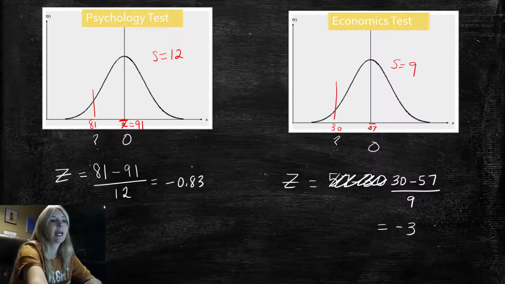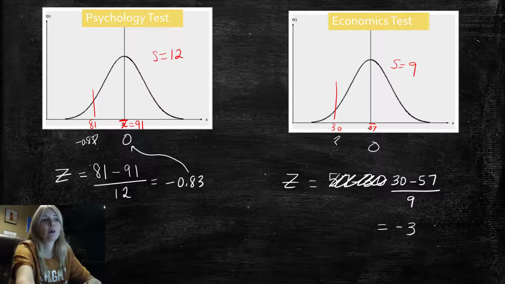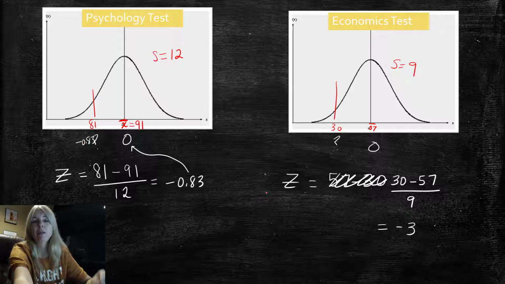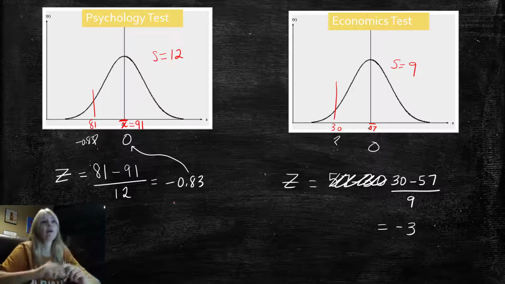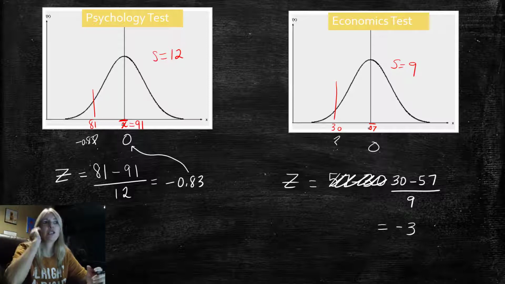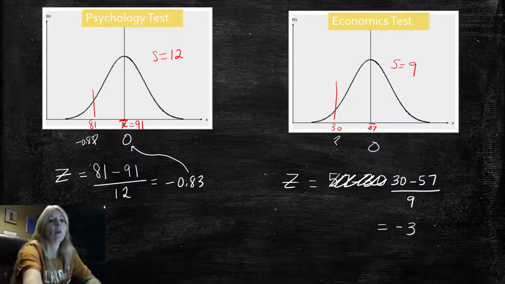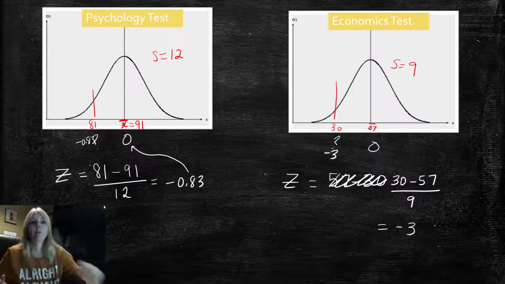So what this is saying is, since this is standardized, this is negative 0.83 standard deviations from the mean. If you remember with the empirical rule, within one standard deviation is 68% of the data. So this person's not that far from the mean, while this test is way below the mean.